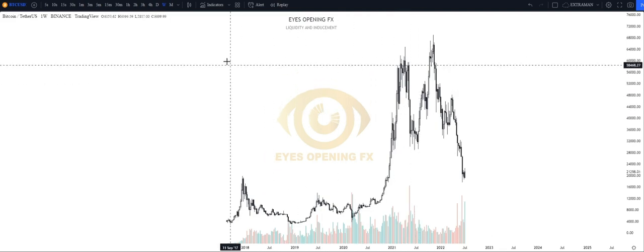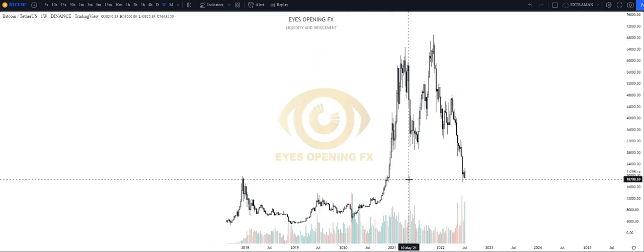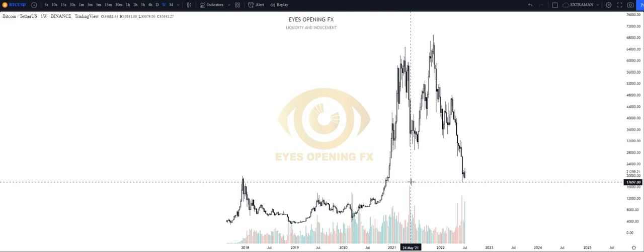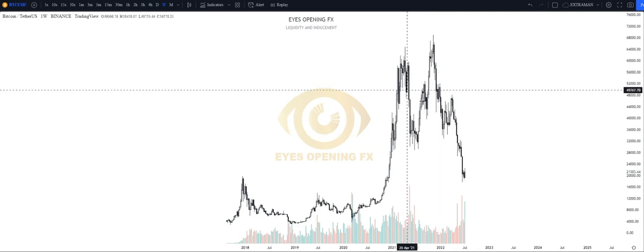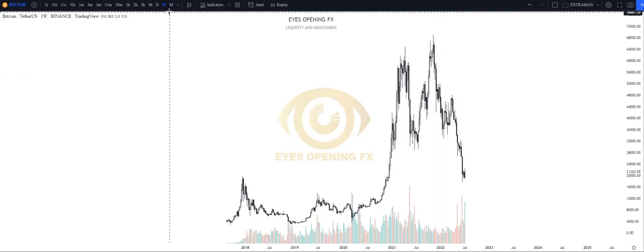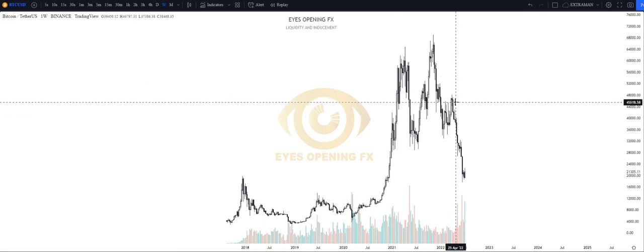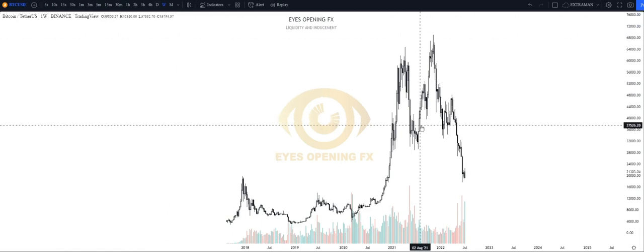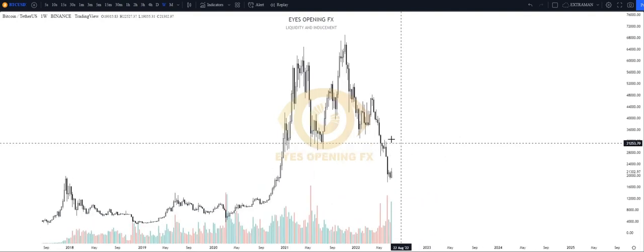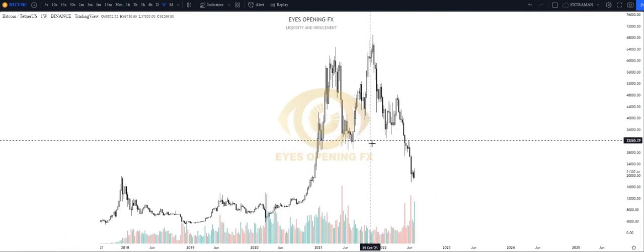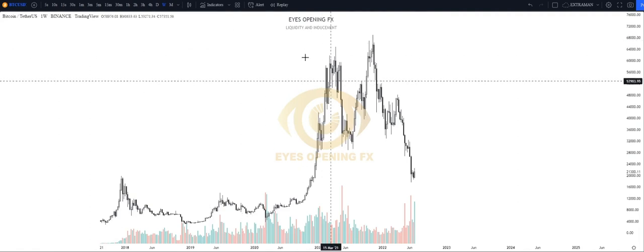But on crypto, the market is open 24 hours, 7 days a week, 24/7. So on crypto, on the weekly time frame, one candle will print out 7 daily candles. That is the basic thing you have to understand there.